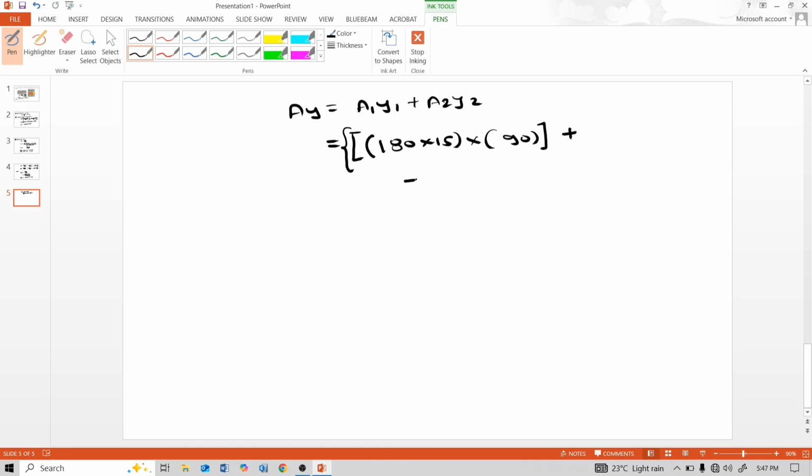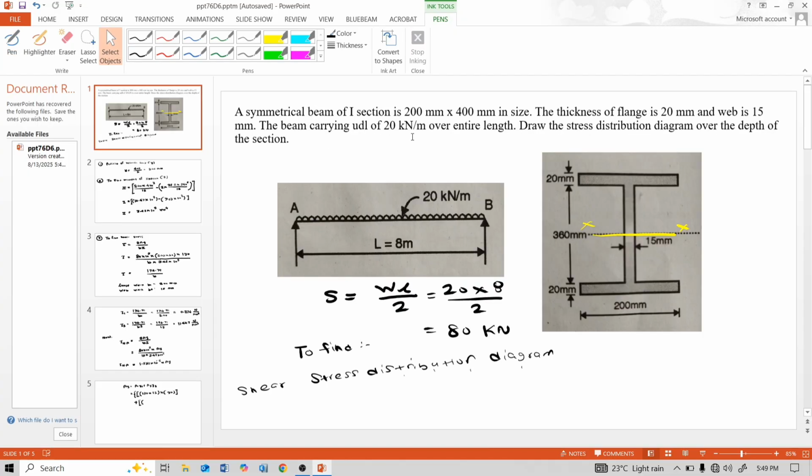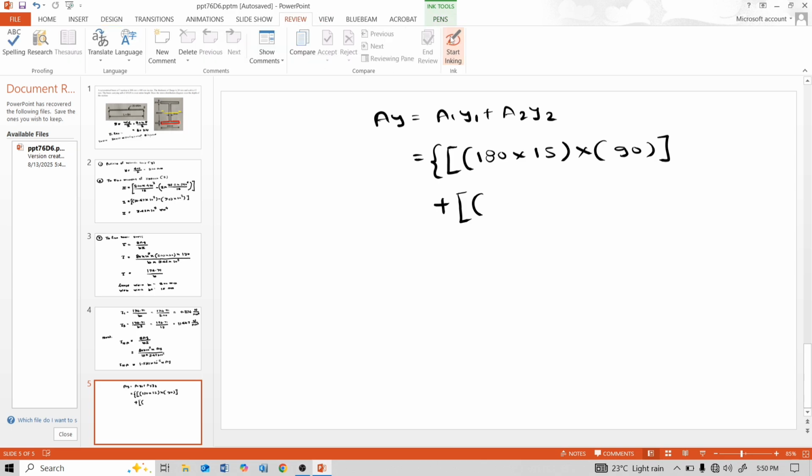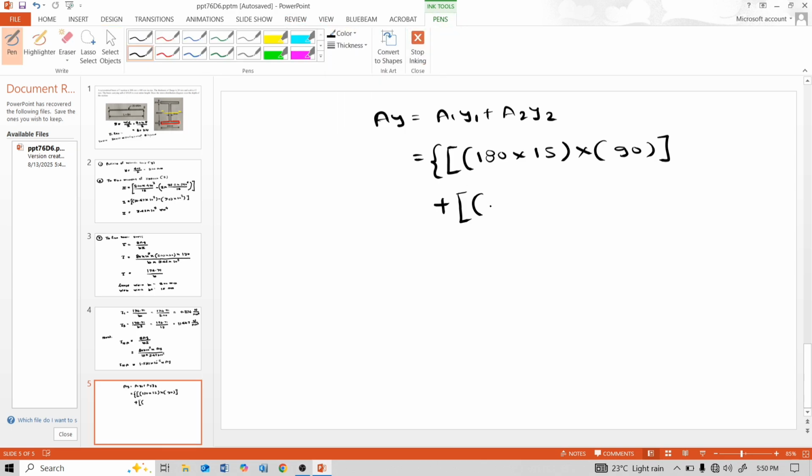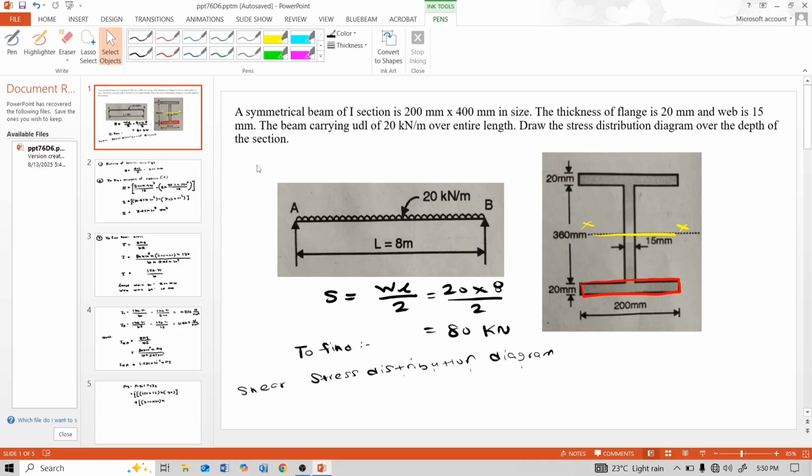Plus, again A2 is the flange portion area. Flange portion area is this width 200 multiplied by 20 mm. And Y2 is the centroidal distance for that flange portion from this XX neutral axis.